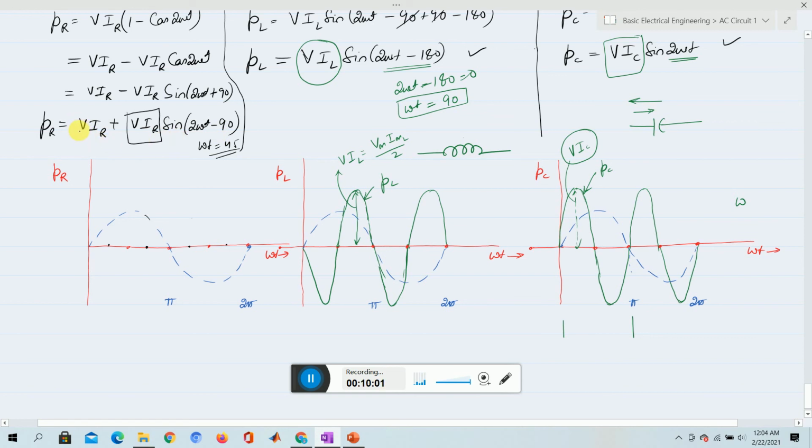Since another value, VIR, is the same, we can have a combination of these two, 1 plus sine of 2 omega t minus 90. So we can give a biasing to it, let us say starting from this line, so that we can have a clear picture. And at 45 degree we make a mirror image here so that we can draw the waveform.